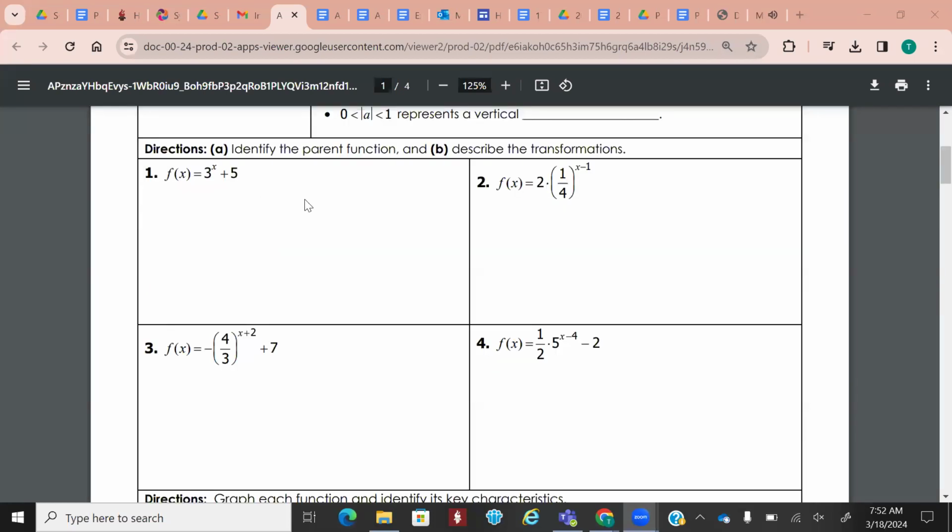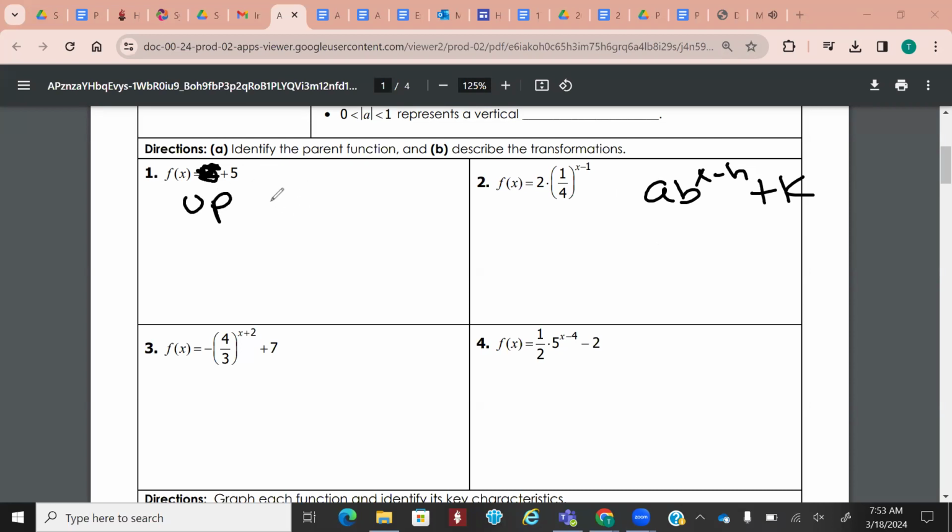So this says describe the transformation. So we have 3 raised to the x. That's going to be our base. So anything that's raised to the x power, we're just going to ignore. Okay. And what is this plus 5? Well, looking at our little equation, we had something that looks like this. So that plus 5, that k value, does what to our equation?